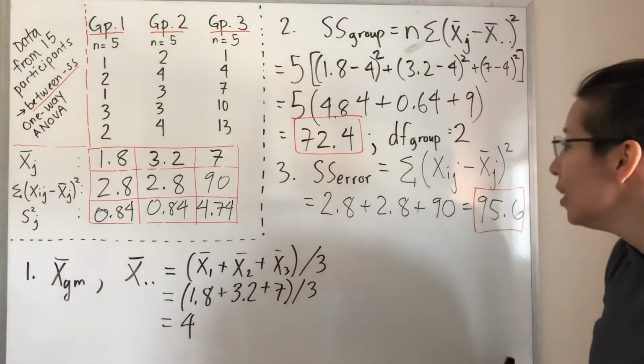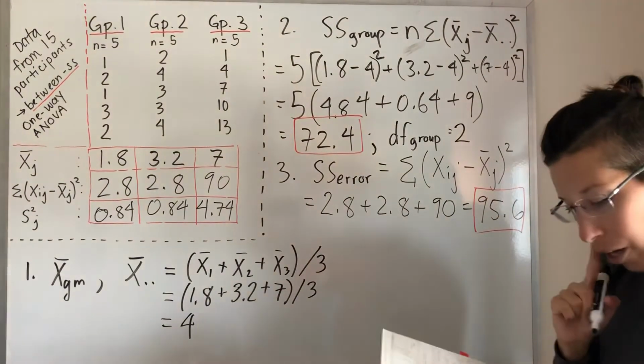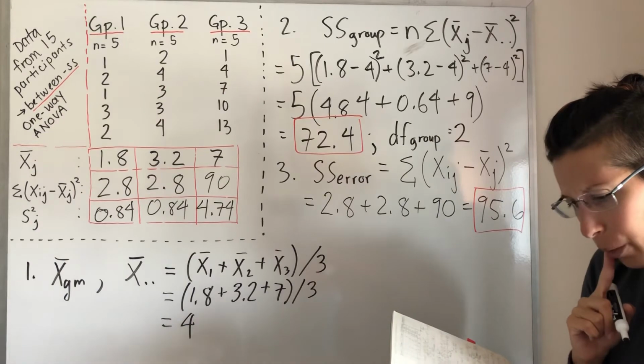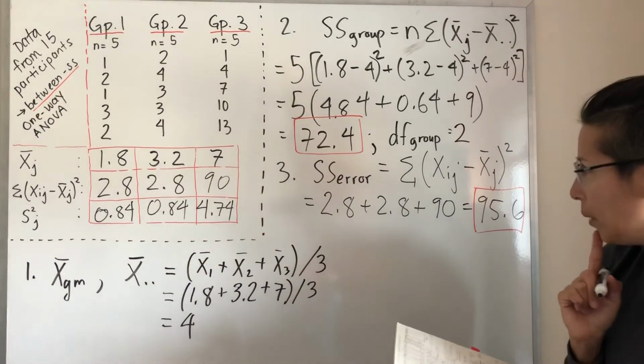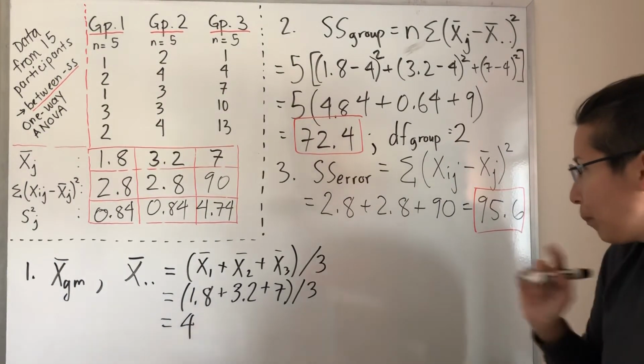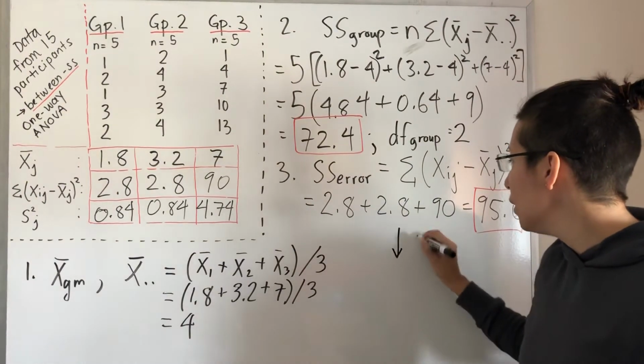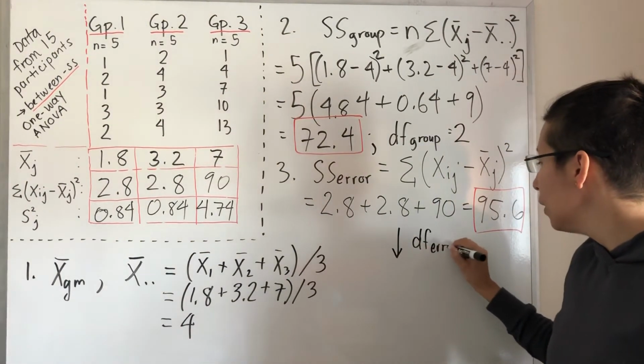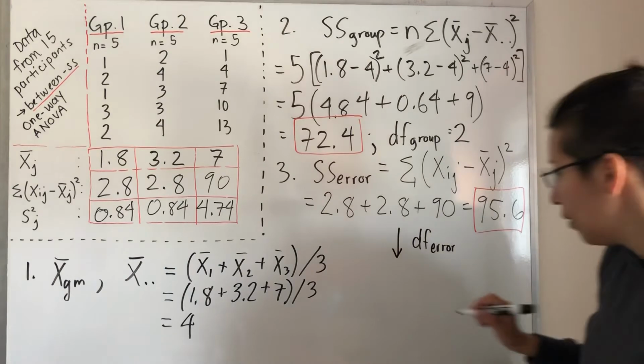So that's 2. And then for the SS error, how would we do that? That's tricky. Maybe for the SS error, the degrees of freedom should be calculated like this.